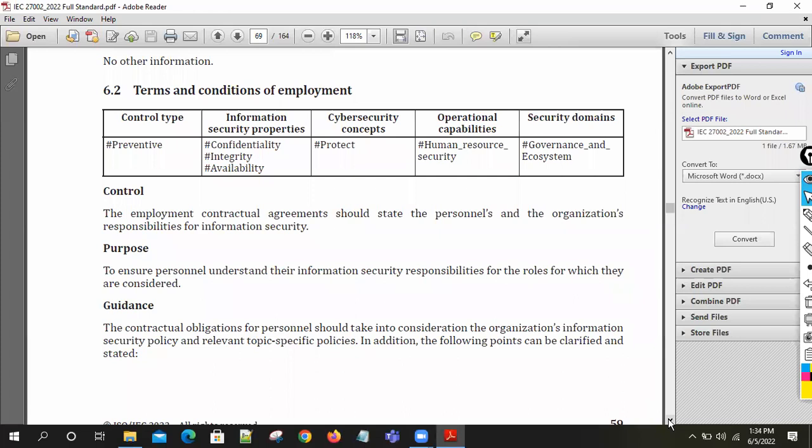You cannot file anything legally against the employee.